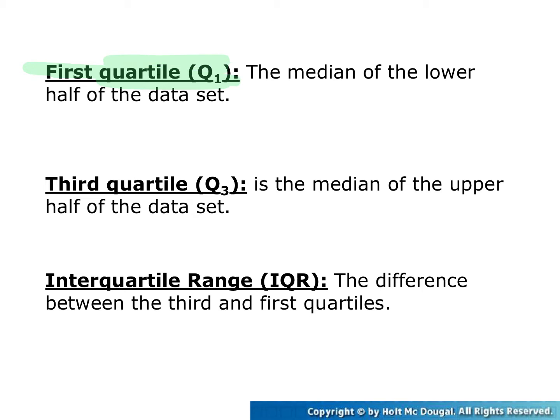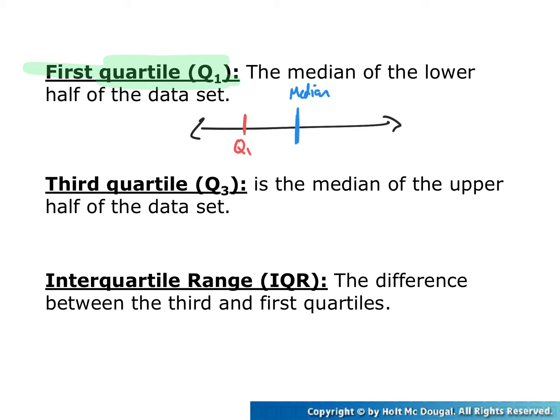So you split it with the median, then if you looked at just that first half, that would be your Q1. Do you need to see a picture? I showed you one yesterday. Remember, it would be something like this. Say those are your numbers. This would be your median. Well, Q1 would be the halfway point of the lower half. That is what the first quartile is, your Q1.